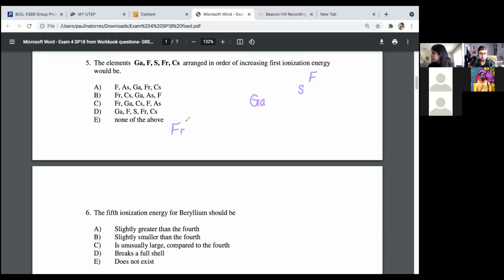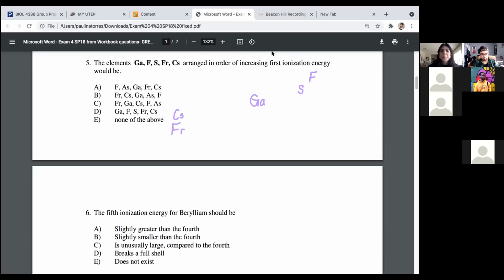Some of these take a minute to find because we don't use them that often. It's on top of francium. Thank you guys. Okay, cool. So 1, 2, 3, 4, 5. This is like our compacted periodic table, right?